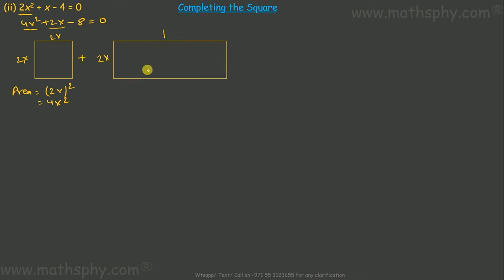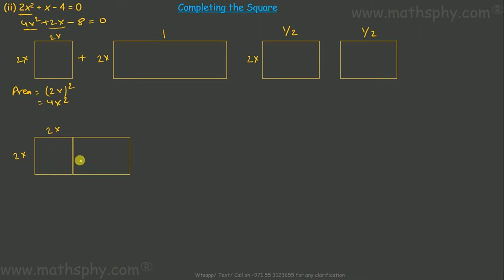Now to do that, I split this rectangle into 2 like this. This side remains as it is, 2x. This will become 1 half, 1 half. So from this rectangle I have two smaller rectangles, equal sized, 2 halves. Now this is my actual square in the beginning, 2x, 2x. Let's take this rectangle and put it next to this, like this.